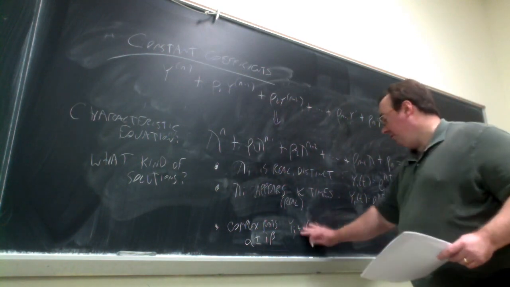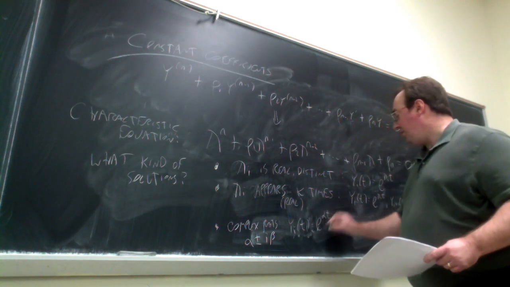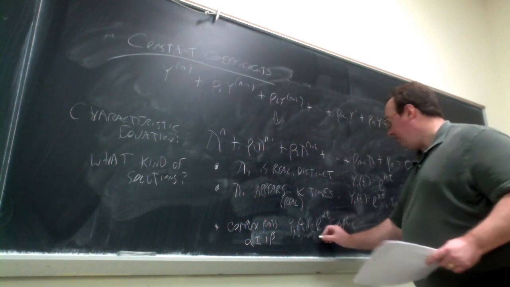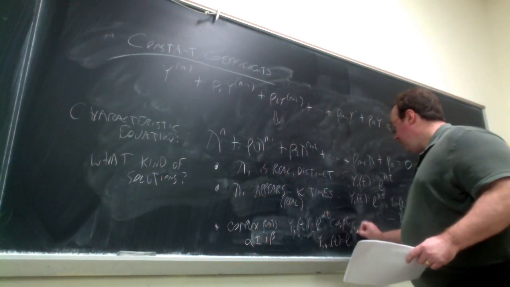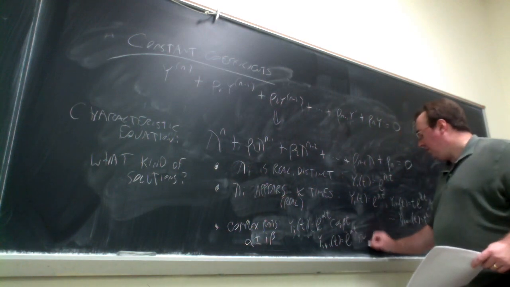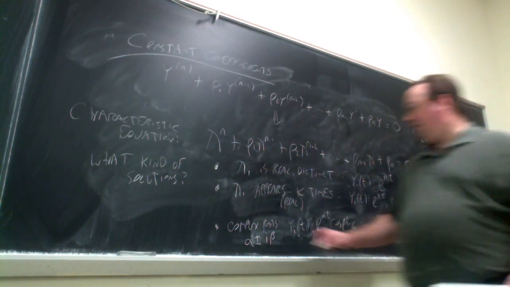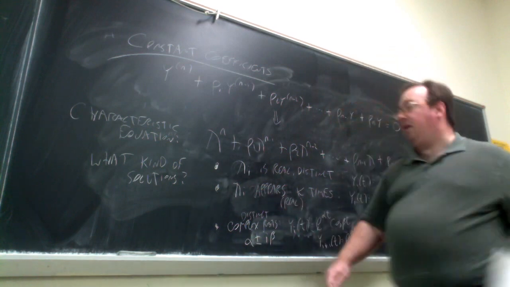So we have y_i is e to the real part times t times cosine of imaginary part times t, and then similarly, e to the real part times t times sine of imaginary part times t. So that's where you have two complex roots, in this case of distinct complex roots.